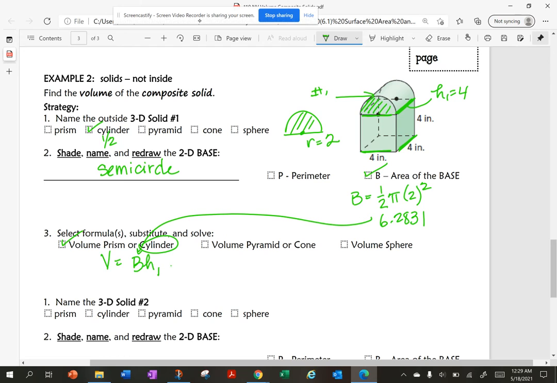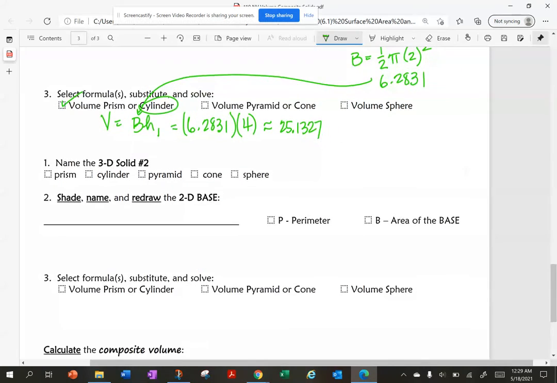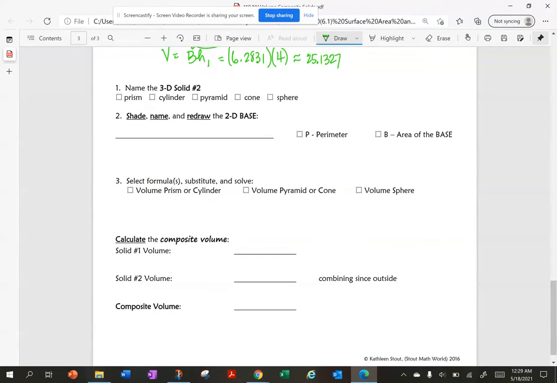I'm going to substitute that in here: 6.2831, and the height of the prism is 4. So this is approximately 25.1327. So my first volume is 25.1327. This is my half of cylinder.